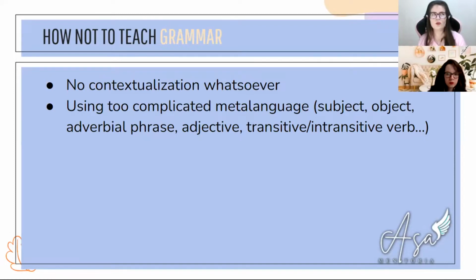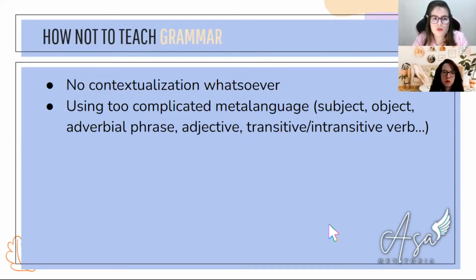I have a student who's in his 50s and he's an A2 student. The other day I was teaching him subject and object pronouns. And there was no way for me to not say the words subject and object. But before saying these words more frequently in the class, what did I do? I told him the subject is the person who does the action and it precedes the verb.